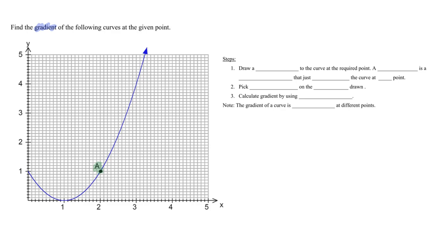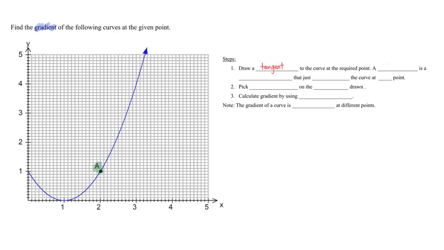So step 1, which you can refer to in the steps at the right hand side of this video, would be to draw a tangent, which is a straight line, to the curve at that required point.